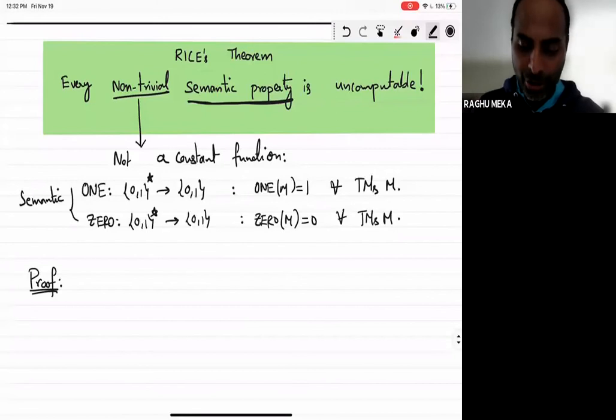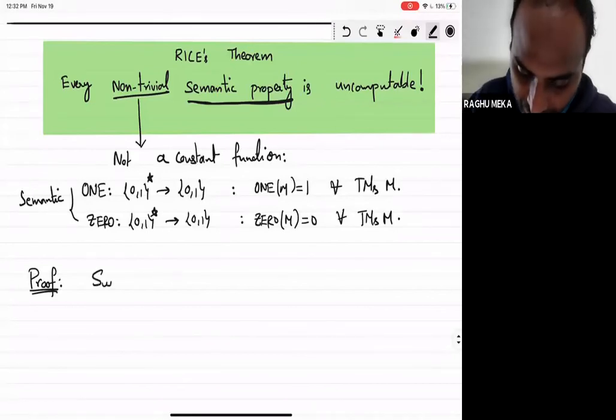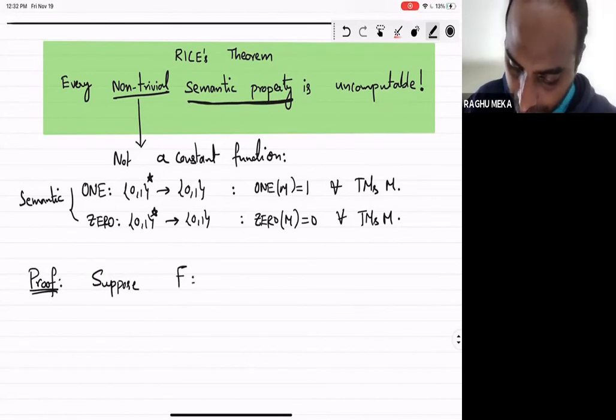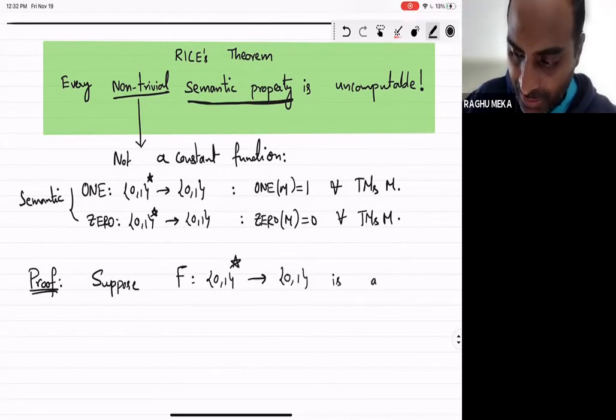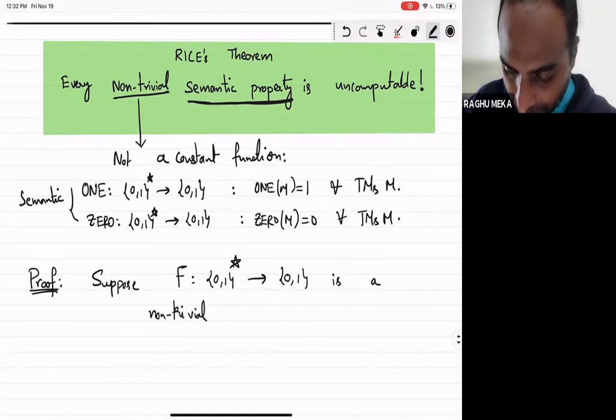So what do we really want to show? Suppose f is a non-trivial semantic property.